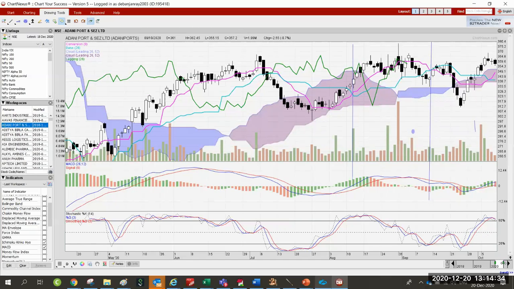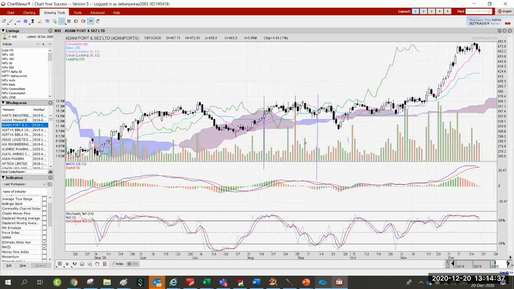In Zerodha the technique is different, I'll show it in Zerodha. You see, this Chikou line is 26 candles before that. So you have to draw a line between these, and this measure is 26 candles.